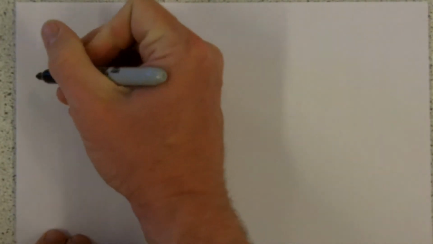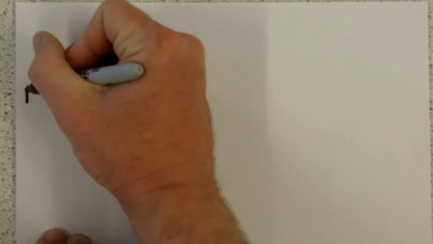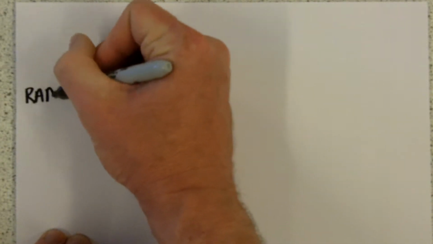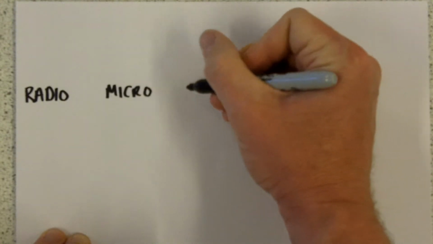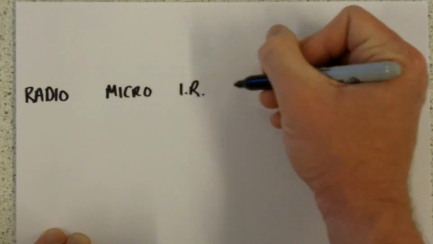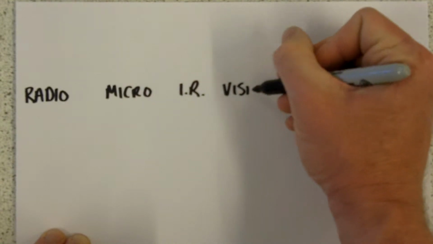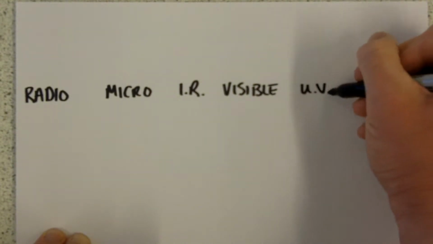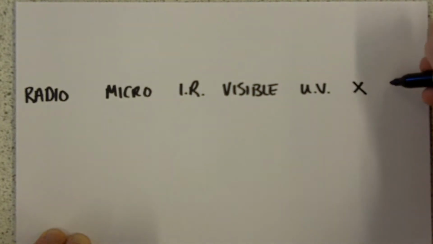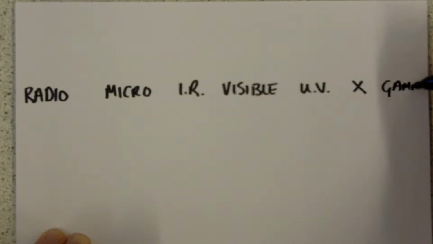So we have radio, micro, infrared, visible, UV, X-rays, and gamma.